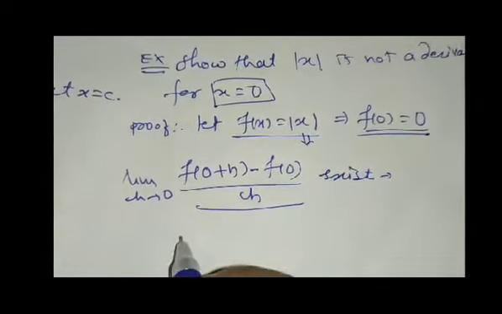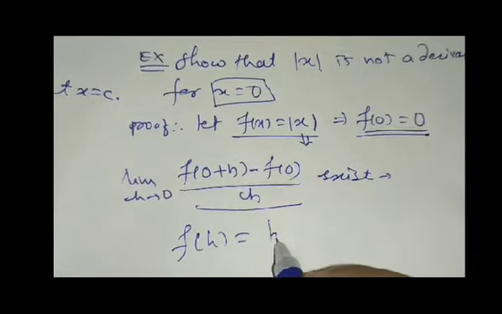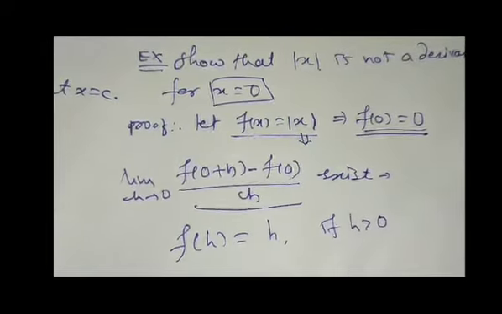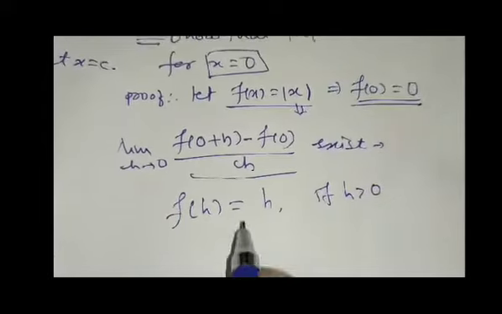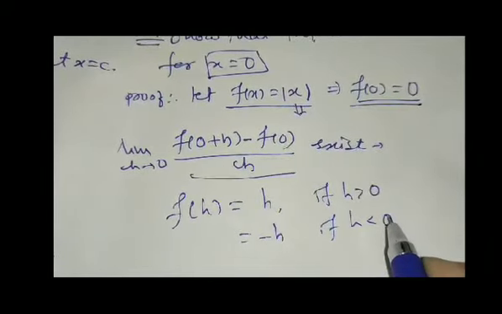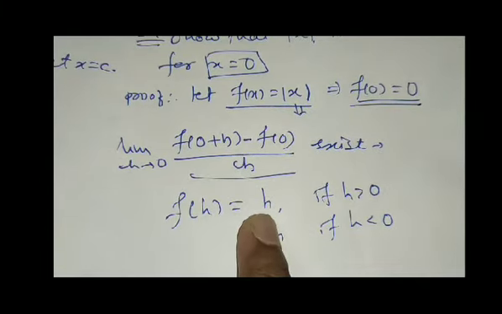So student, here the function is mod x, so f of h has two values. It is h if h is greater than 0, and it is minus h if h is less than 0. That means for the left hand side the value of f of h is minus h, and for the right hand side all values are h, positive h, isn't it?